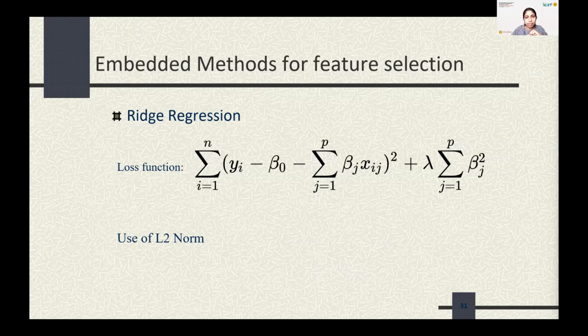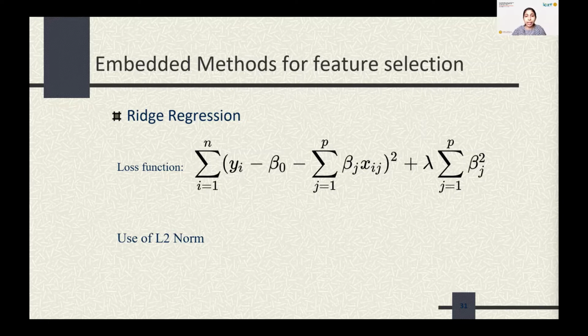So here, if you forget about this term with the lambda, what we are left with is the error function for normal linear regression. And now by adding a certain error term, which includes all the coefficients of the features, the beta values, we are trying to regularize our model.